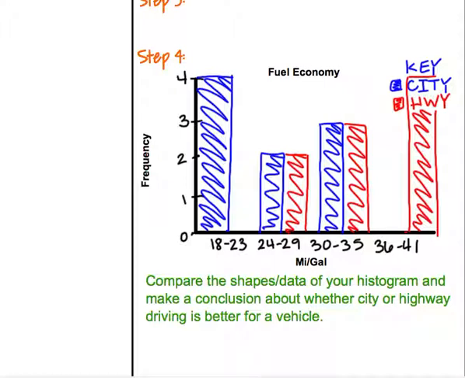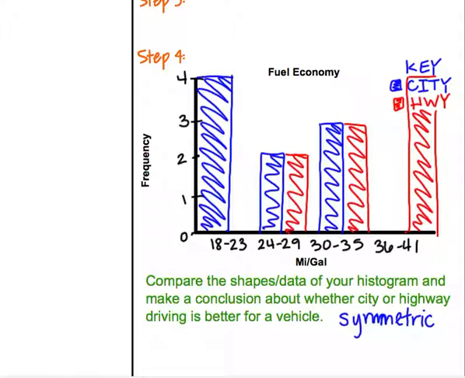That last piece is going to be to compare the shapes and data of your histogram and make a conclusion about whether city or highway driving for a vehicle is better. And so I would say that my shape is somewhat symmetric, despite the fact that it is lower in the middle. And I say this because even though it's lower in the middle and higher on the outsides, you could still draw a line down the middle, and it's relatively into 2 pieces.